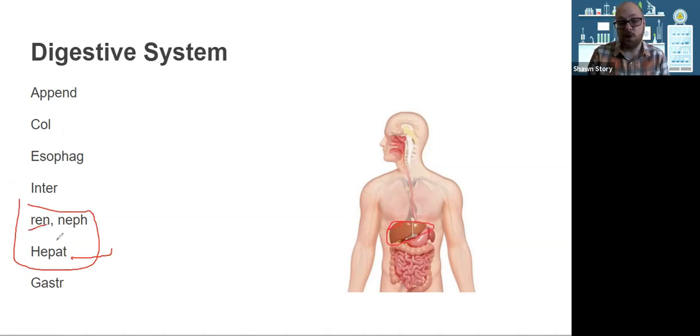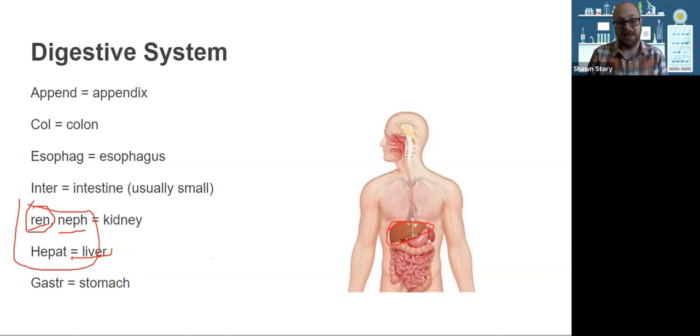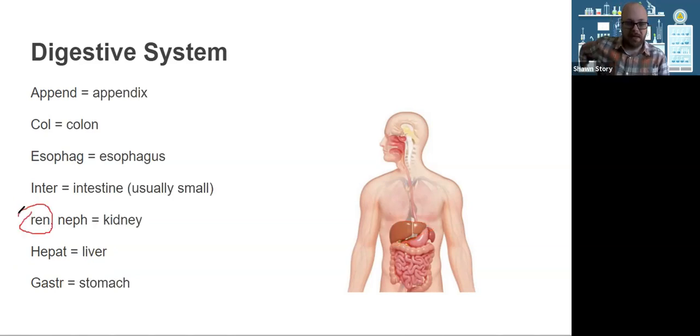Rene, like renal. Do we know rene or neph? That is going to be our kidneys. So anything related to the kidneys, like renal disease, right? Renal meaning kidneys. Anything that's being done to the kidneys is always going to have that rene prefix in it. Okay.